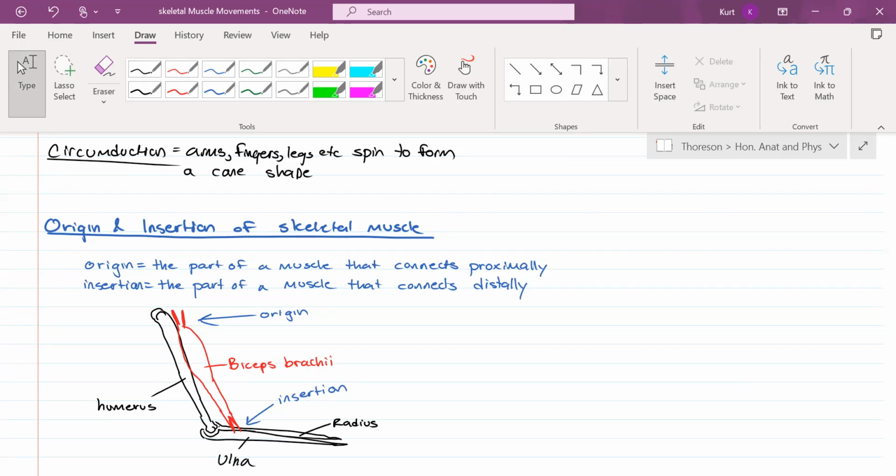Wait, could you repeat where the PowerPoint is? Unit 6, PowerPoints and Notes. You guys ready? All right.